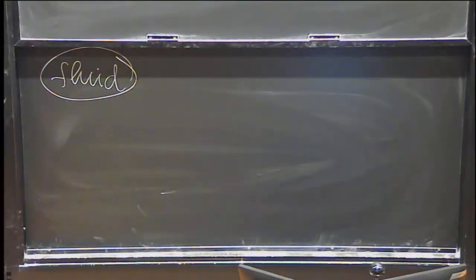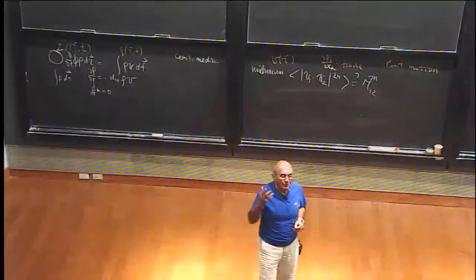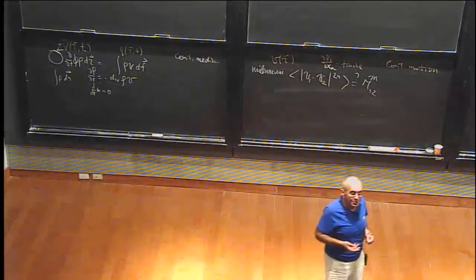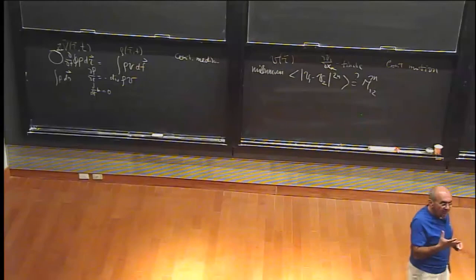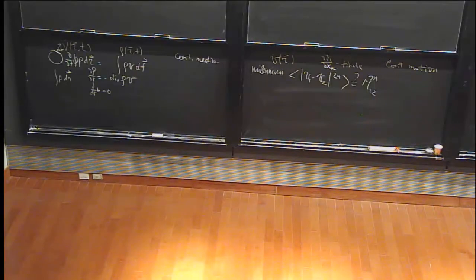Any other attempt? What is fluid? Fluid is gas, liquid, plasma, a swarm of people, of birds, a school of fish. How would you define what is fluid? What makes this solid and the water in a glass fluid?